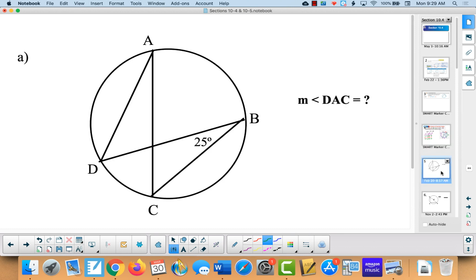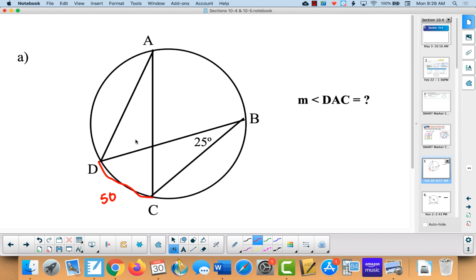That leads us to this investigation where we had two angles, angle DBC and angle DAC, intercepting this same arc, DC. So because angle B is 25 degrees, that makes arc DC 50 degrees.